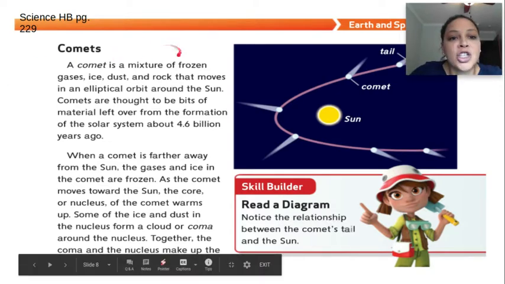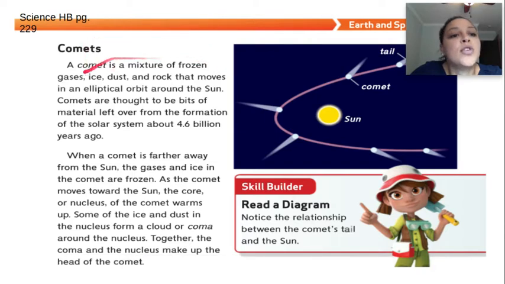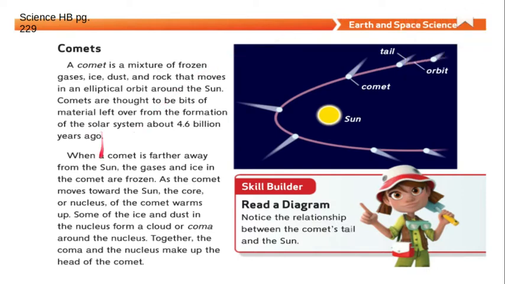A comet is a mixture of frozen gases, ice, dust, and rock that moves in an elliptical orbit around the sun. Comets are thought to be bits of material left over from the formation of the solar system about 4.6 billion years ago. Very long time ago. When a comet is farther away from the sun, the gases and ice in the comet are frozen. As the comet moves toward the sun, the core or nucleus of the comet warms up.